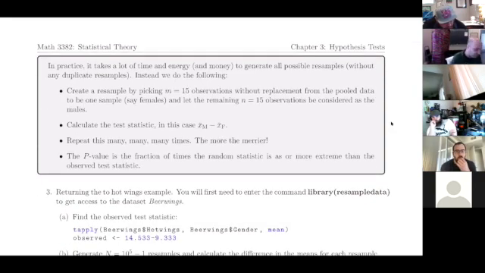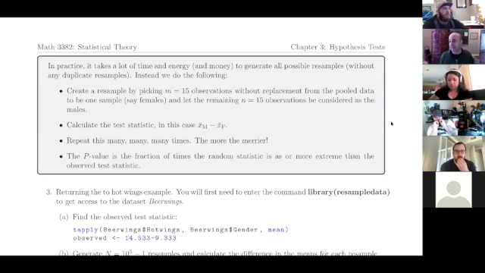But how the resampling process works is we would take these 30 people that were in this study. So there were 15 men and 15 women. You group them all together and just assume that gender didn't have anything to do with it.